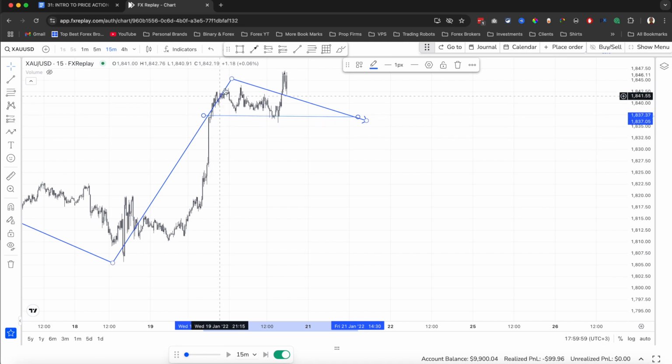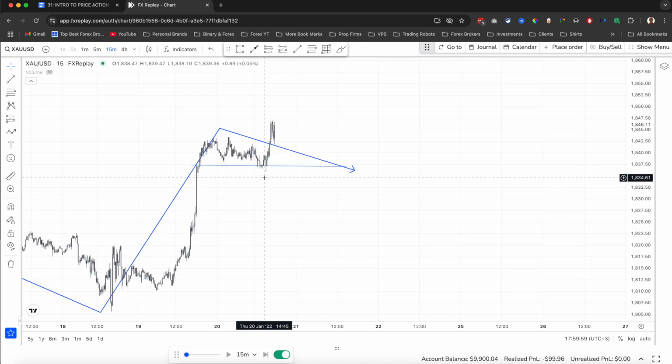It went up, it broke this structure, this key level, and then there were some fake-outs, called liquidity pools, and then the price went up. So we can't just take sells from here because we don't know how long that pullback will last.